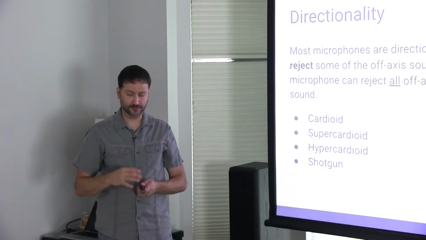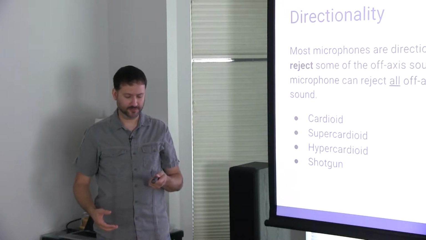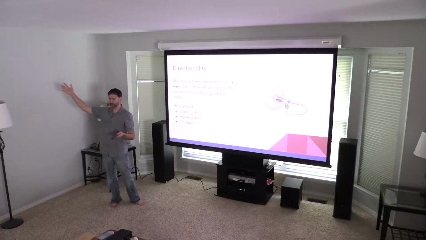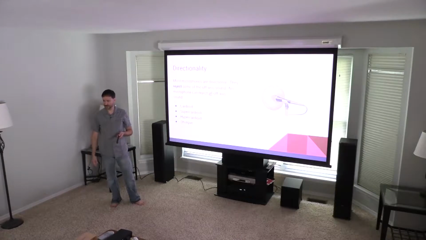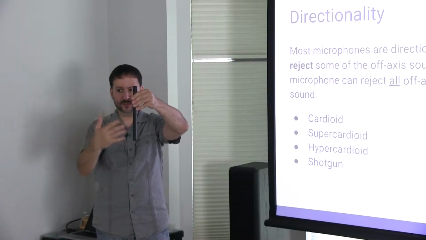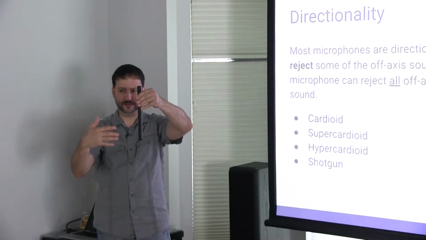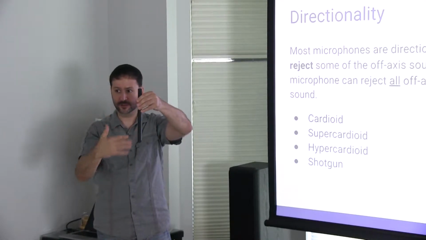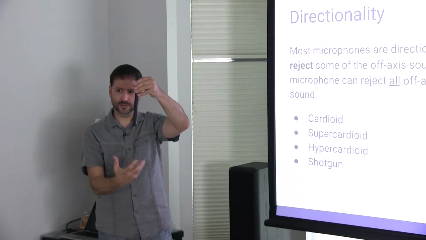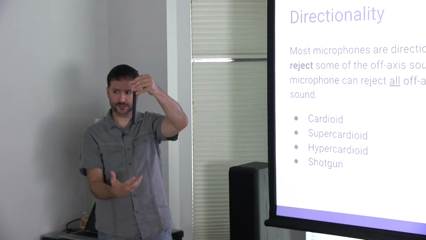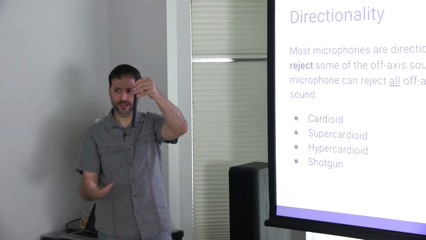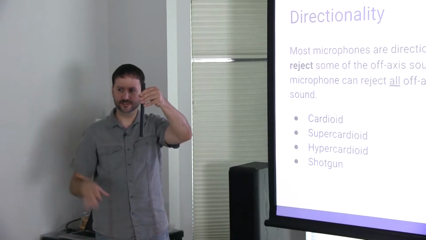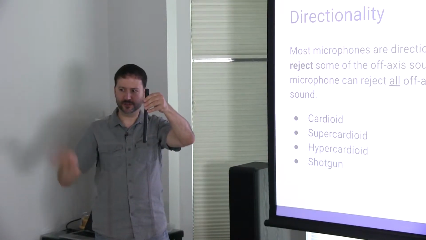That's very useful for filmmaking, because if I'm in a room with reverbing walls, or if I'm outside and there's noises outside, the sounds that are coming in from the side or the rear are greatly reduced. They're not completely eliminated, but they are what they call attenuated. It's reduced quite a bit, and so it basically focuses on the sound sources that are in the direction it's pointing, and it rejects the sounds that are coming off axis.